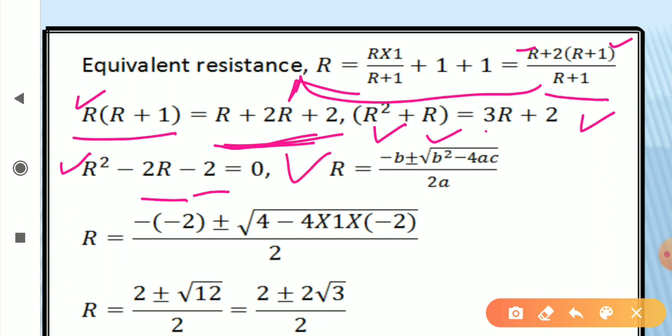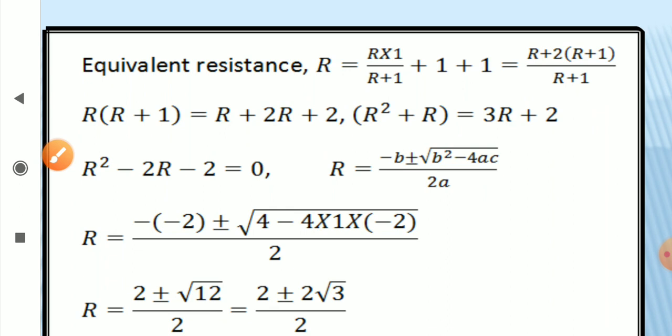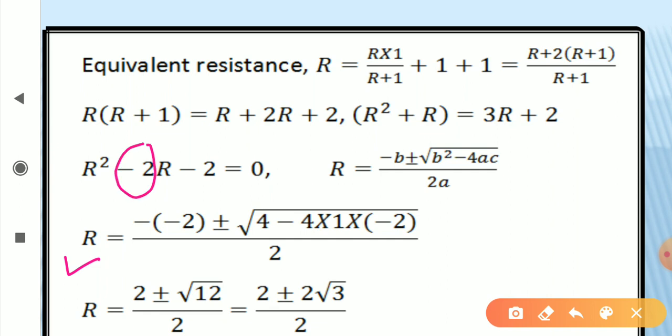Now this is a quadratic equation, and you know the solution of a quadratic equation, that is minus b plus minus under root b square minus 4ac upon 2a, right? So from here you get R is equal to minus b. Now see, b is equal to minus 2 here. So minus minus 2 is 2, plus minus under root b square, that is 4, minus 4.